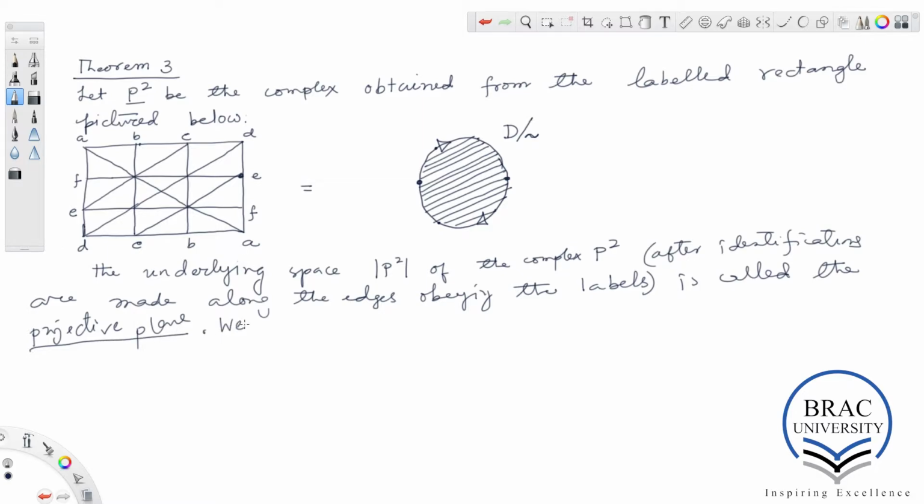We then have, once we have this topological space, the first homology group of the complex P2 is isomorphic to the finite group, the two-element group Z over 2, and the second homology group of this complex P2 is trivial.